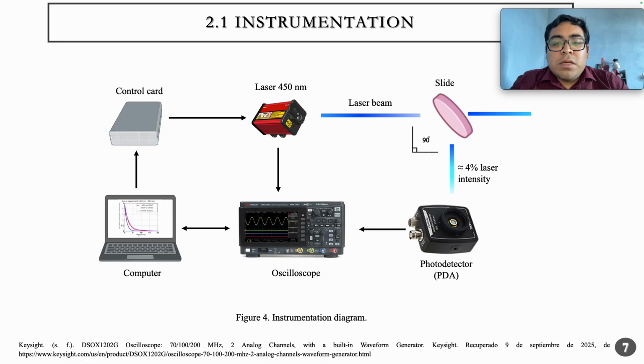A Keysight oscilloscope was added to the setup because the acquisition board didn't provide sufficient bandwidth or sampling rate for the measurements. This oscilloscope has a bandwidth of 200 MHz and a sampling rate of 2 gigasamples per second.